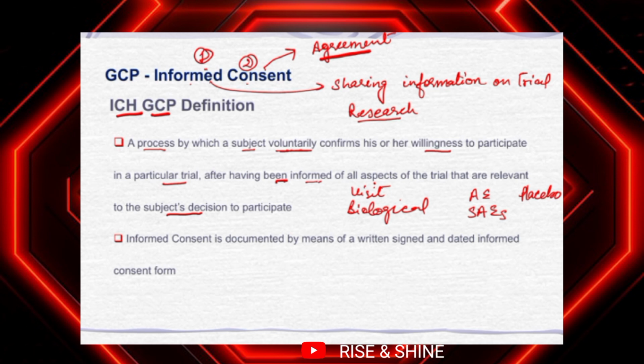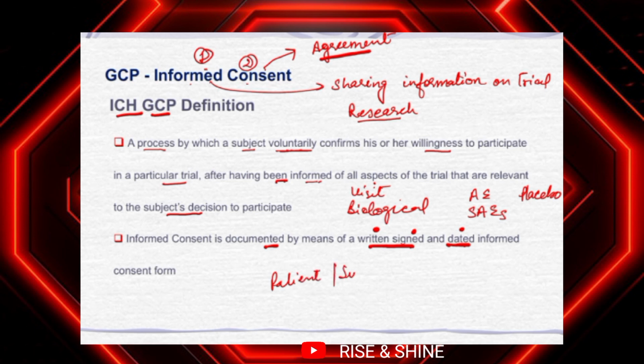Another part is that informed consent is documented by means of a written, signed and dated form. First is written, second is signed, third is dated. These three elements should be present in the documentation. Signed by whom? One is of course your patient or participant, you can say subject.